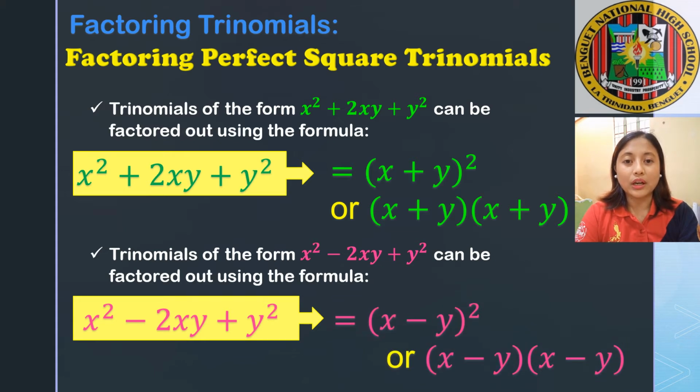In short, the factors of a perfect square trinomial are the square of a binomial. If you want to know which sign to use for the binomial factors, then you only have to take a look at the sign of the second term in the trinomial.